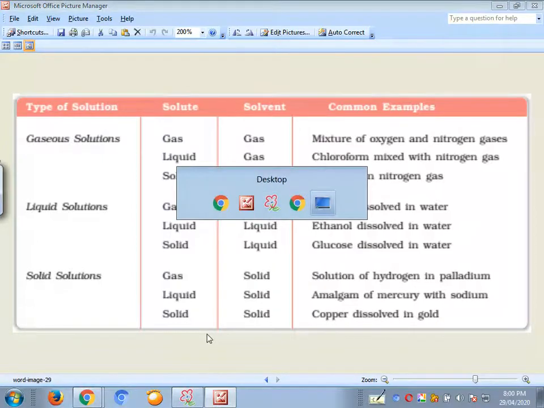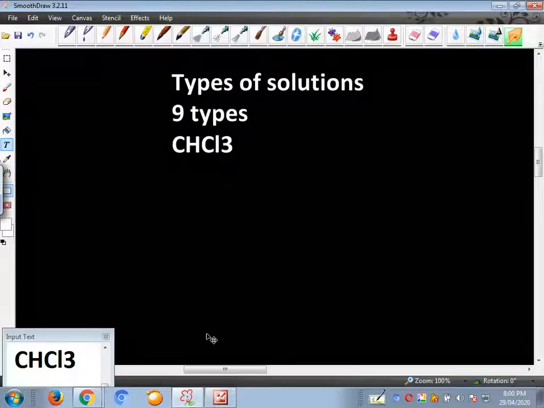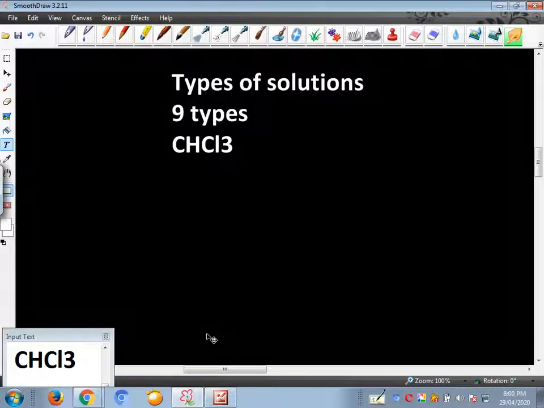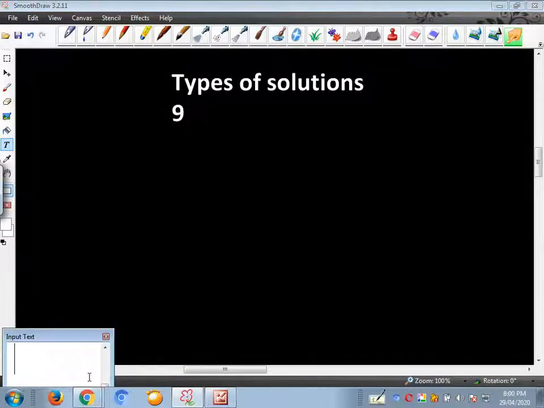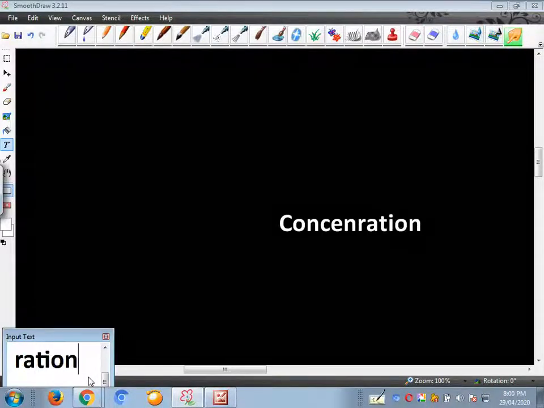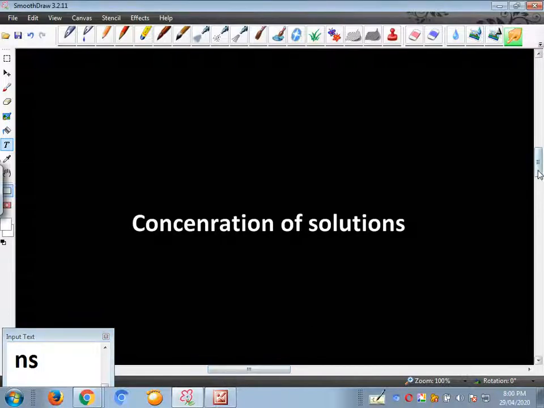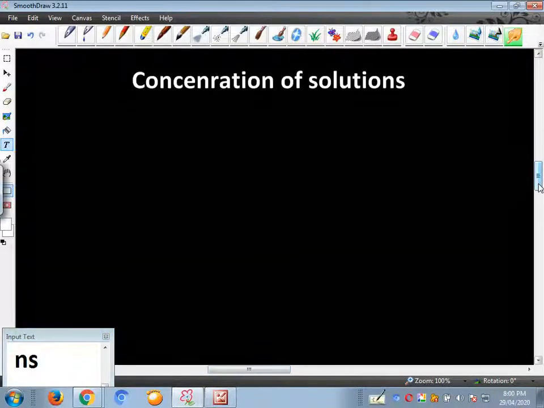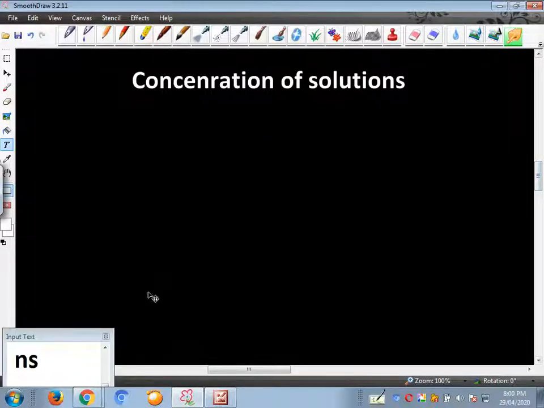Now we go for the next concept, right? That is a very important one. The concept is called concentration of solutions. Now you may ask, what do you mean by concentration, or what do you mean by concentration of solutions?